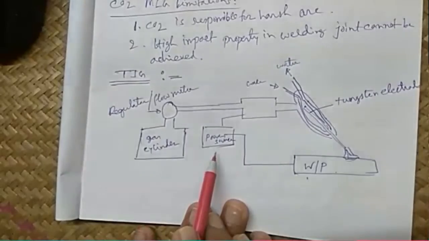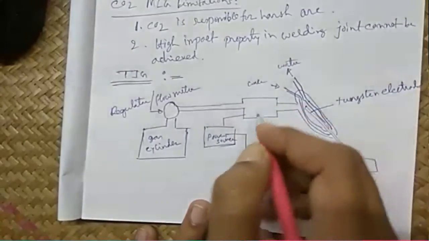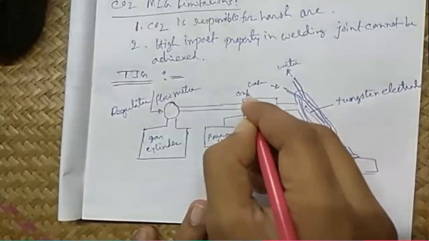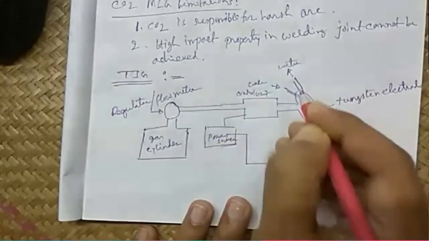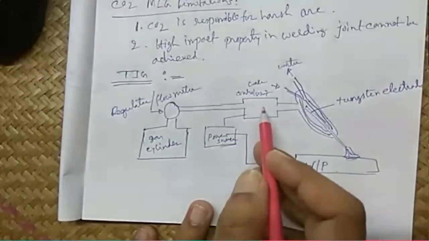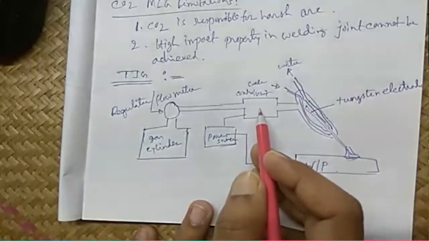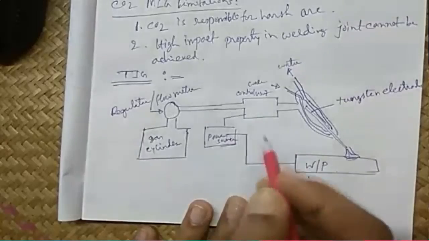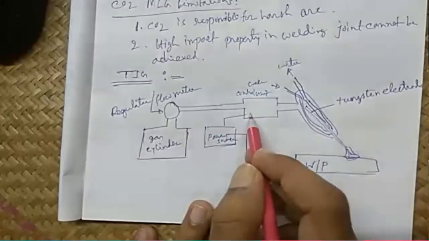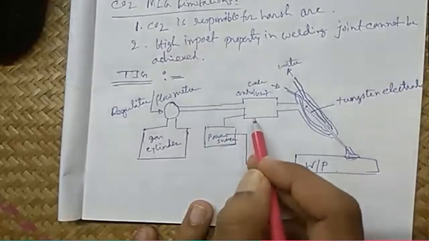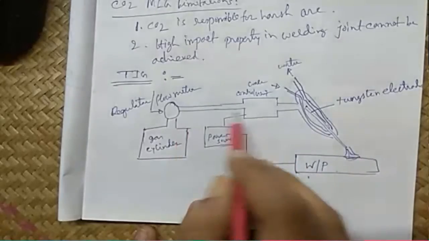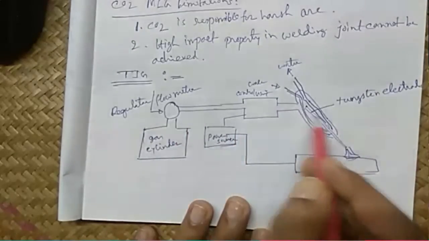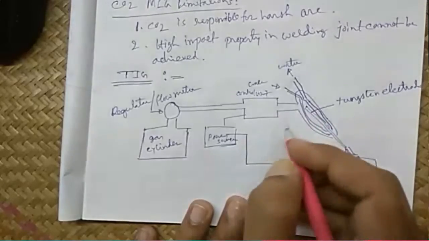There is a power source. This is the control unit. Here we need to set the gas flow rate as well as the power output. So this power and this gas go inside the controller, and then go to the torch by means of cables.